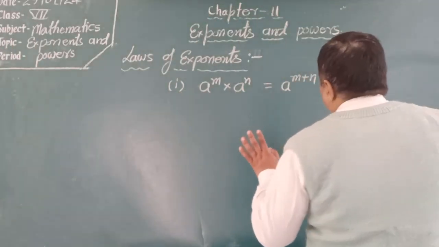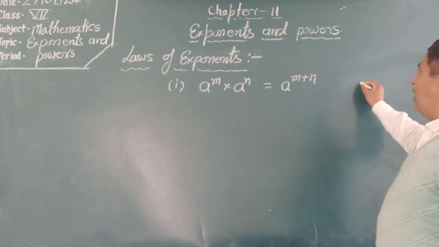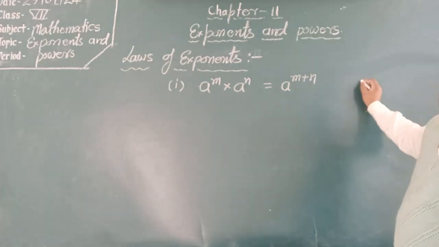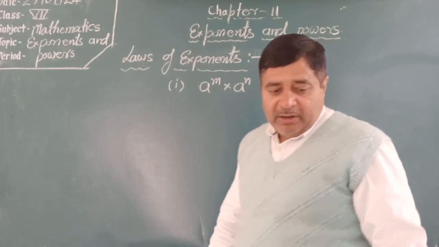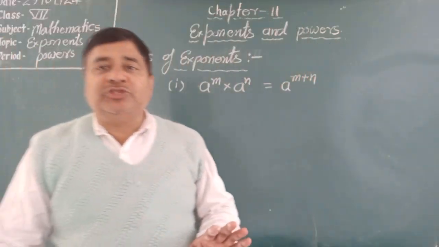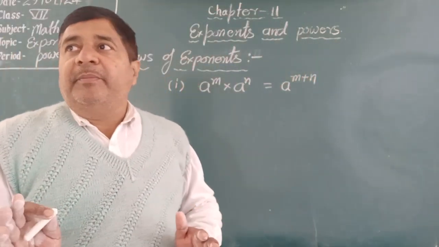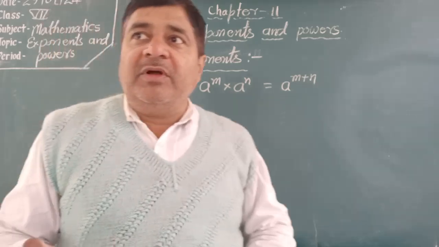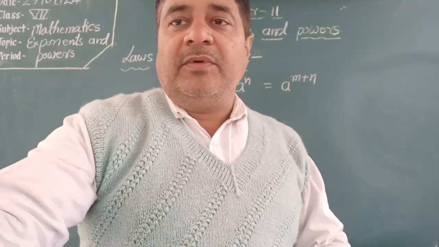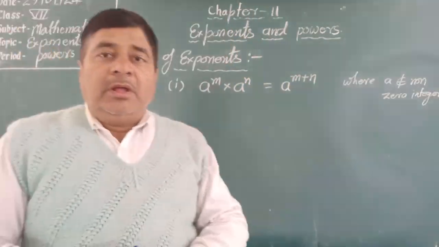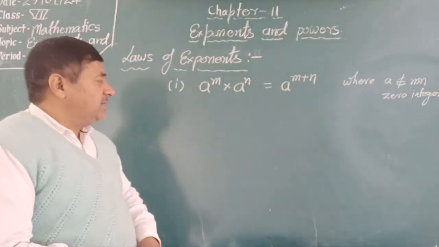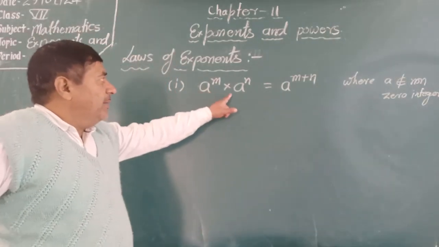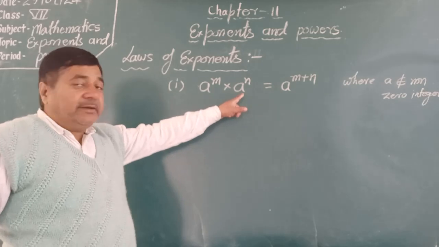यहाँ पे a और b क्या है? non-zero integer है. ओके, नॉन जीरो इंटीजर मतलब जीरो नहीं होना चाहिए, it में बी पॉजिटिव और नेगेटिव. ओके, First law is that a to the power m into a to the power n.